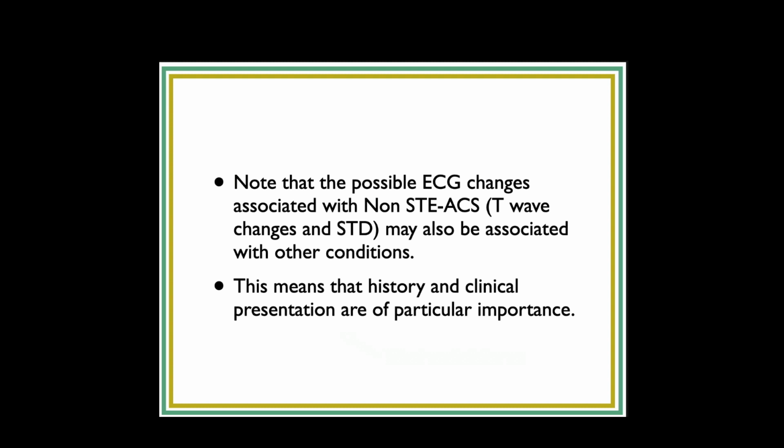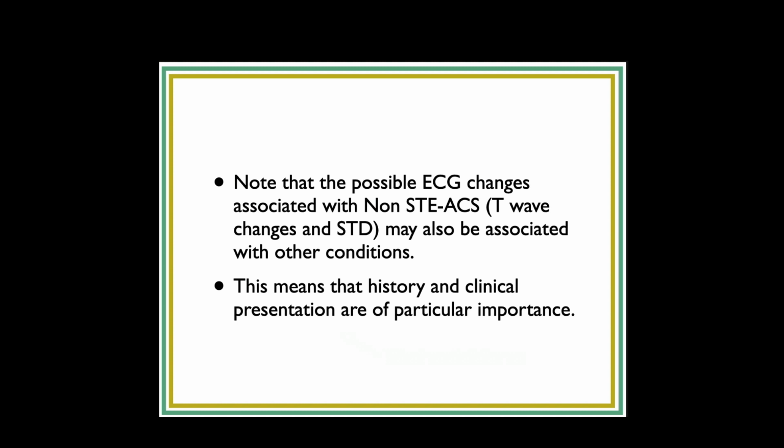So what that means is that all the stuff we're going to go through right now is very significant if you have a patient who has history and clinical presentation of acute coronary syndrome. But if you have a patient that, maybe it's a 60-year-old person who fell off a ladder, and you very smartly say, after you're transporting them and doing all the things you need to do, oh yeah, there's that thing about people over 60 falling off a ladder being cardiac cases until proven otherwise, and so for that reason, you do a 12 lead.